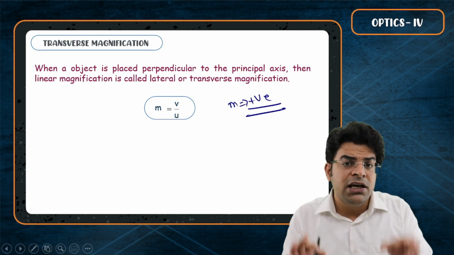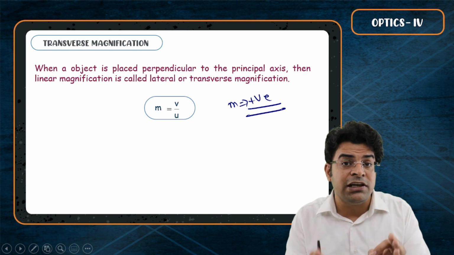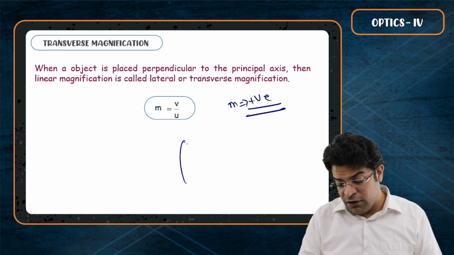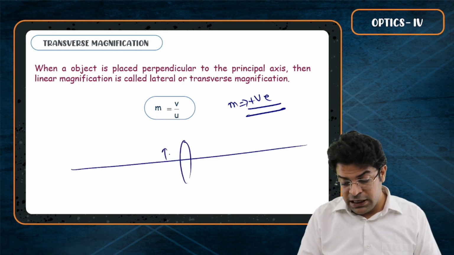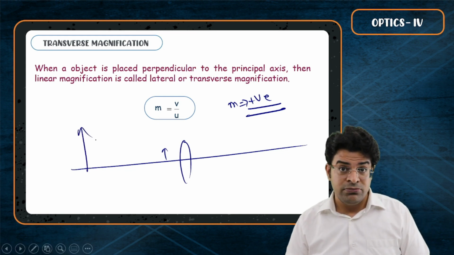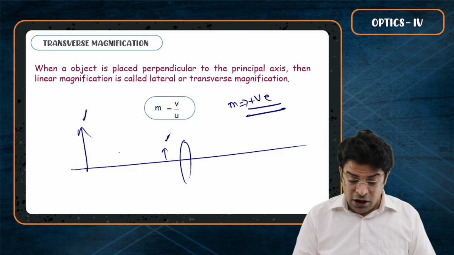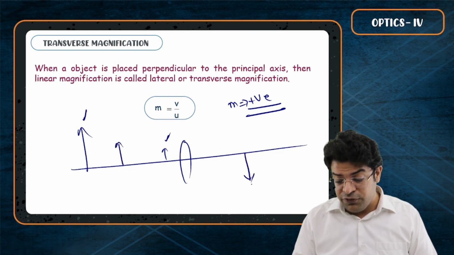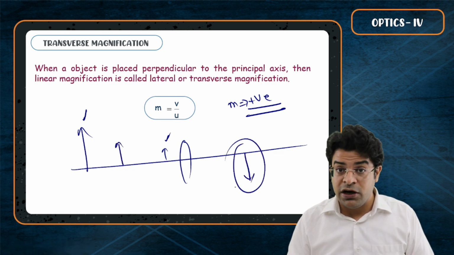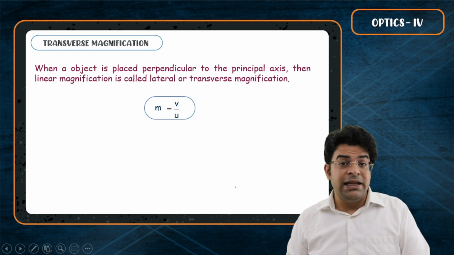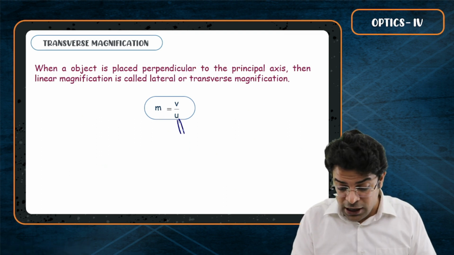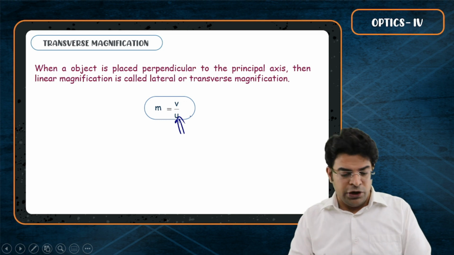It means that the image will be erect with respect to the object. So if you have a lens and the object and image are on the same side, the image will be erect with respect to the object. If the object and image are on different sides, the image will be inverted with respect to the object. And there is no exception to this particular idea. So you need to remember this point as well.